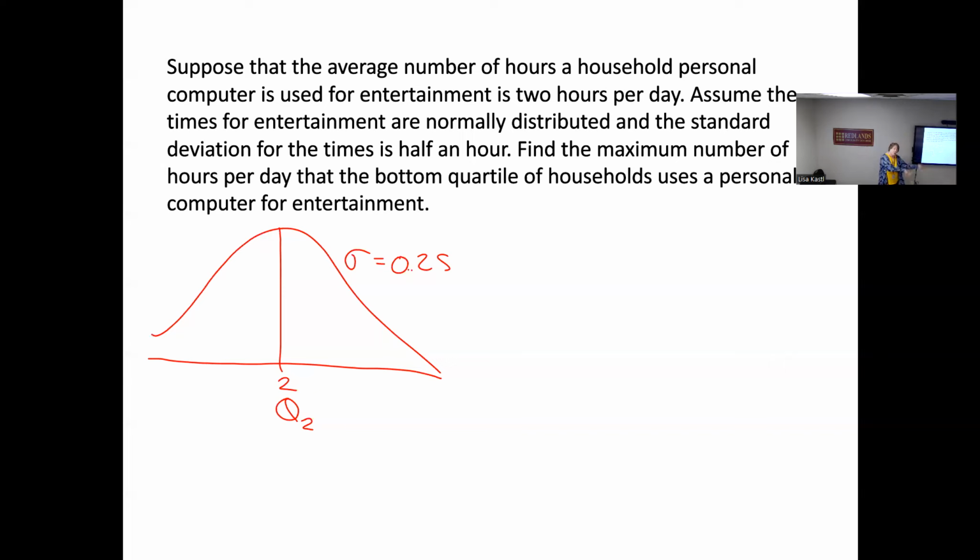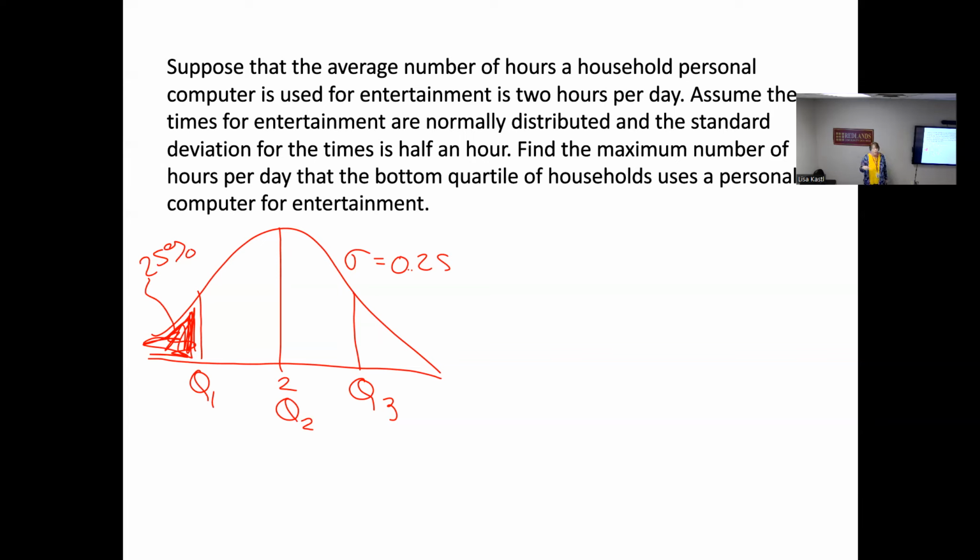To the right of your mean should be 50% of your data. So where is the first quartile? Well, the first quartile is right here. And the third quartile is right here. And the first quartile is that value for which 25% of your data is below it. The third quartile would be 75% of your data is below it.